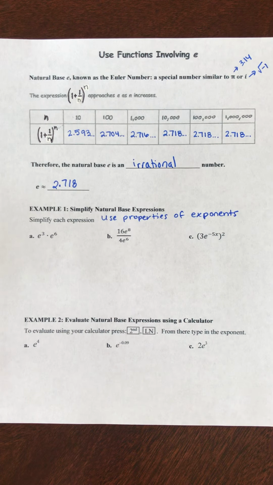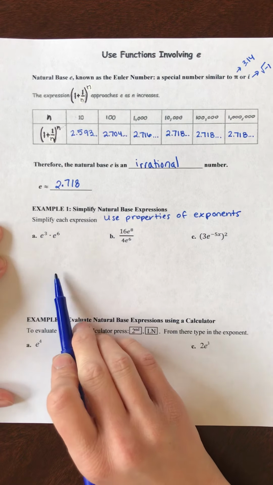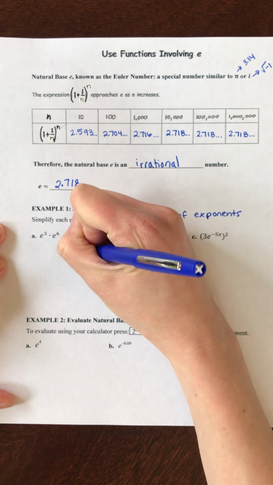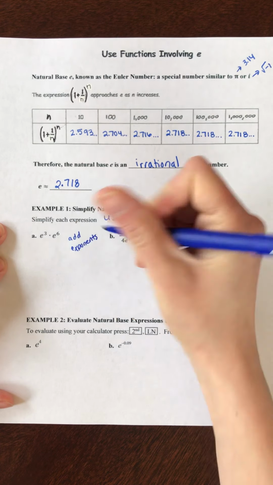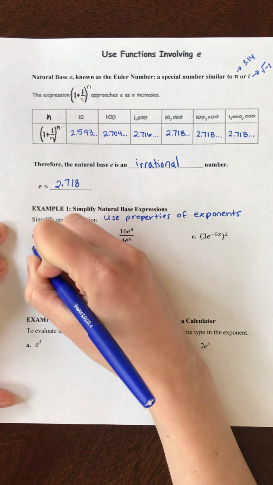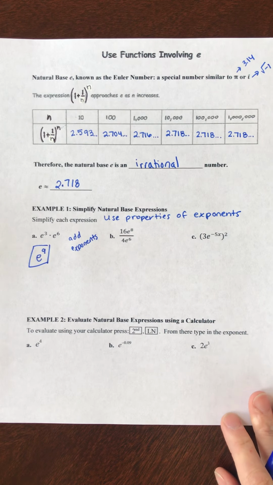So if I said, what's e to the third times e to the sixth? Well, I want your answer in terms of e. If you remember, when you multiply the same base, you add the exponents. So e to the third times e to the sixth is e to the ninth, because 3 plus 6 is 9. And that's how you would leave your answer.